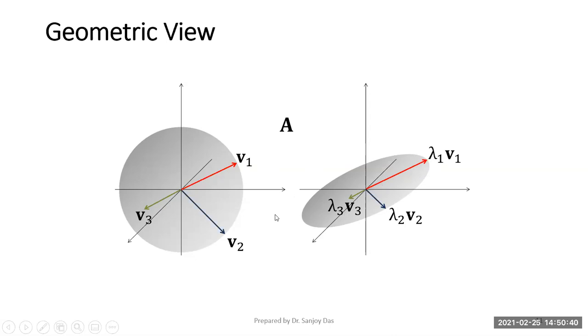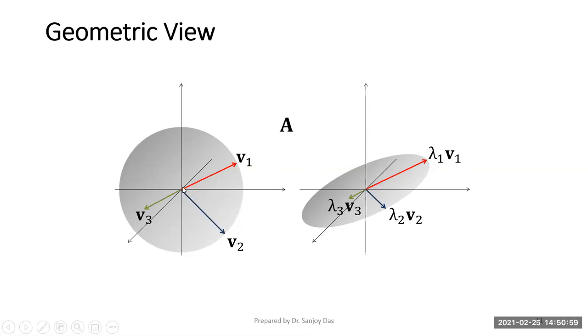I don't know officially what an axis is, but anyway. And V2, this is lambda 2 V2. So this axis of the hyperellipsoid has a length lambda 2, from 0 to the surface. And likewise, lambda 3 V3.